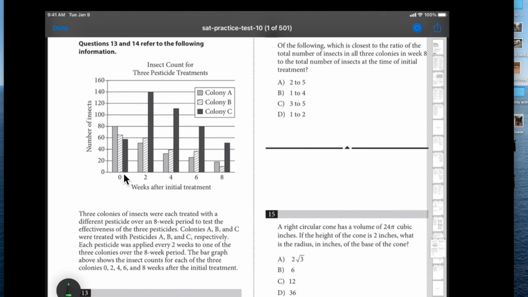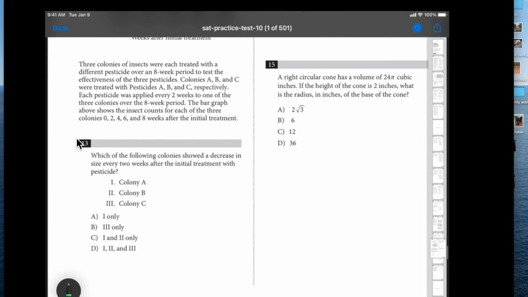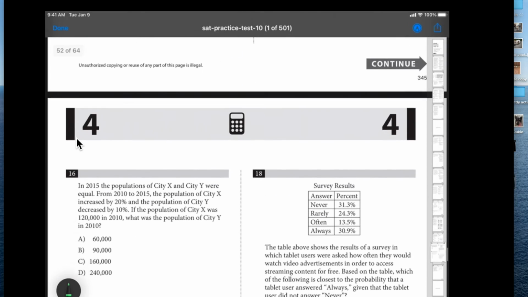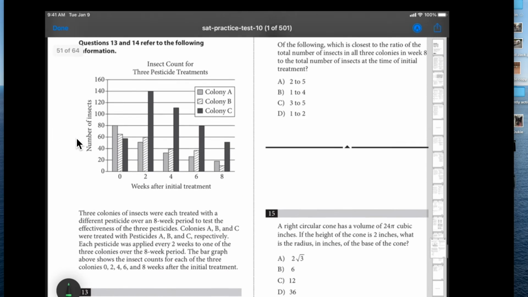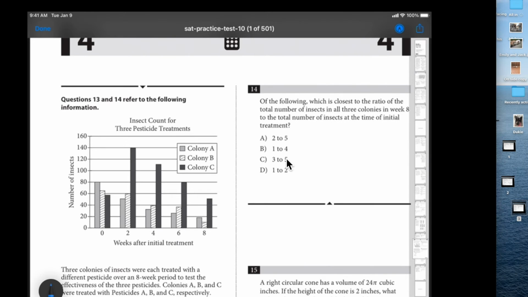Finally, colony C, which is in black, it goes up. So between the initial treatment and 2 weeks after it goes up, so it can't be colony C. So 3 is out, so it has to be 1 and 2 only.